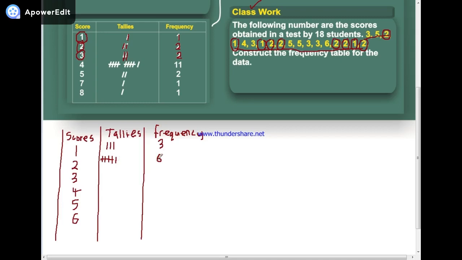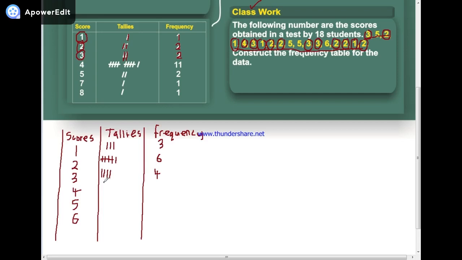Now how many 3s do you have there? That is 1, 2, 3, 4. That means we have four 3s. So you represent it in tally form, 1, 2, 3, 4, and interpret it as 4. How many 4s do we have there? We have only one 4.